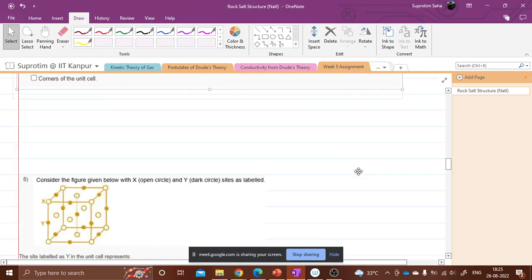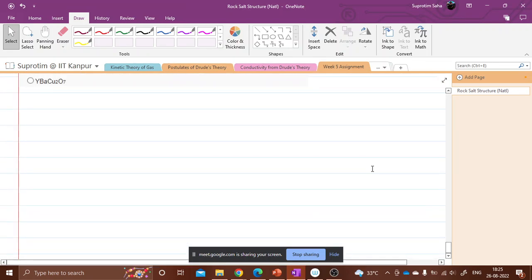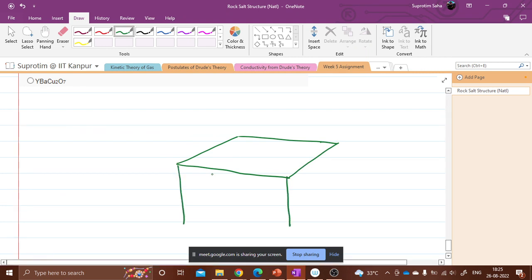So in the video you must have seen, let me show it again. You have 8 cubes for that calcium fluoride structure. So this is basically your base structure. Let me draw it this way, for simplicity.